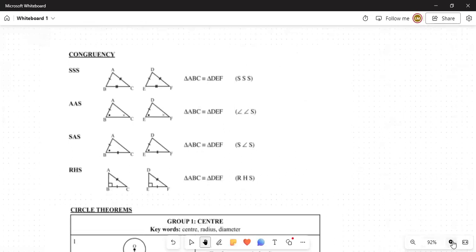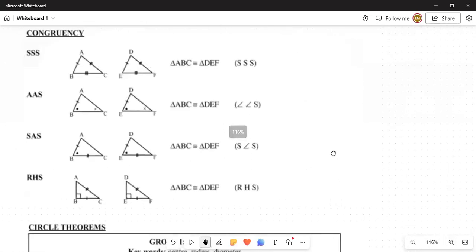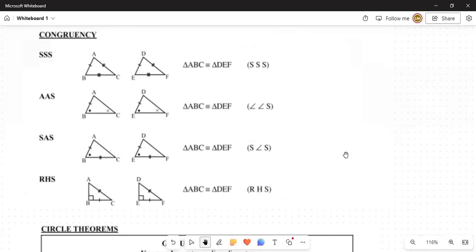And then we have congruency. Congruency means that you have the same shape in both triangles, so you can prove it in 4 ways. The first way is side, side, side: if all the sides are equal, then the triangles are congruent. Then you have angle, side, angle, so you know that the two angles are congruent.